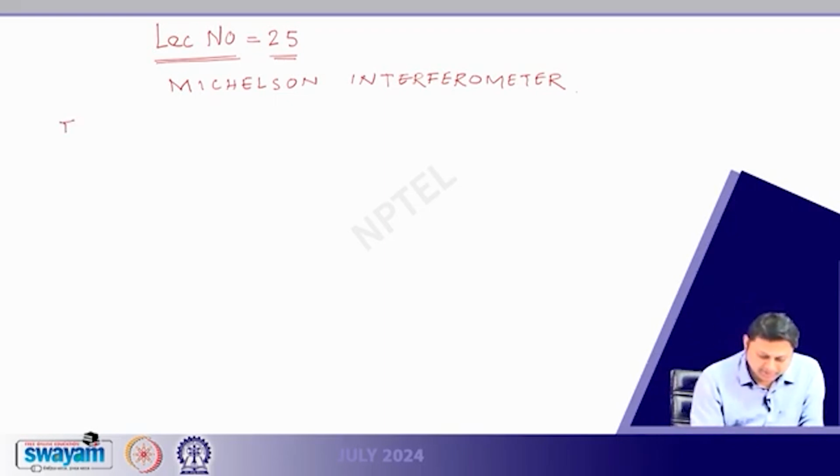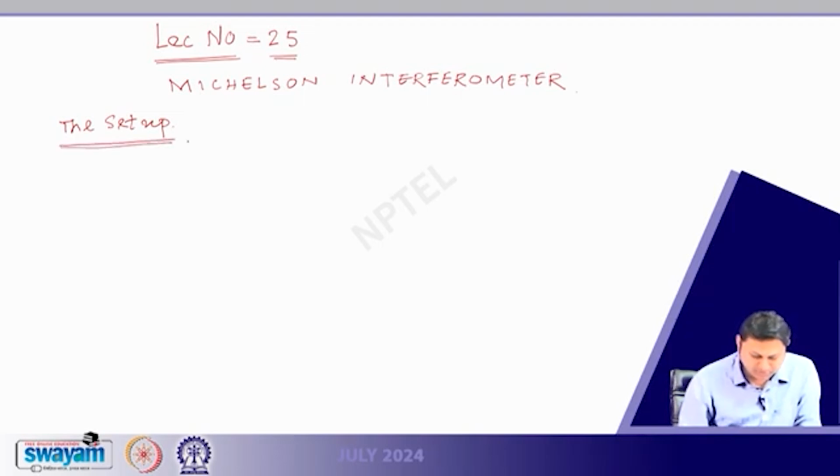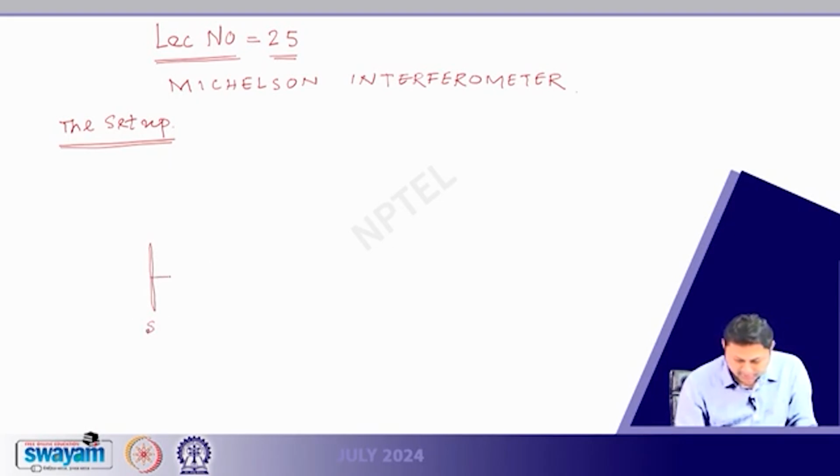Let us draw the setup once again. This is a very important instrument, where we have an extended light source like this, and then light comes in this path.